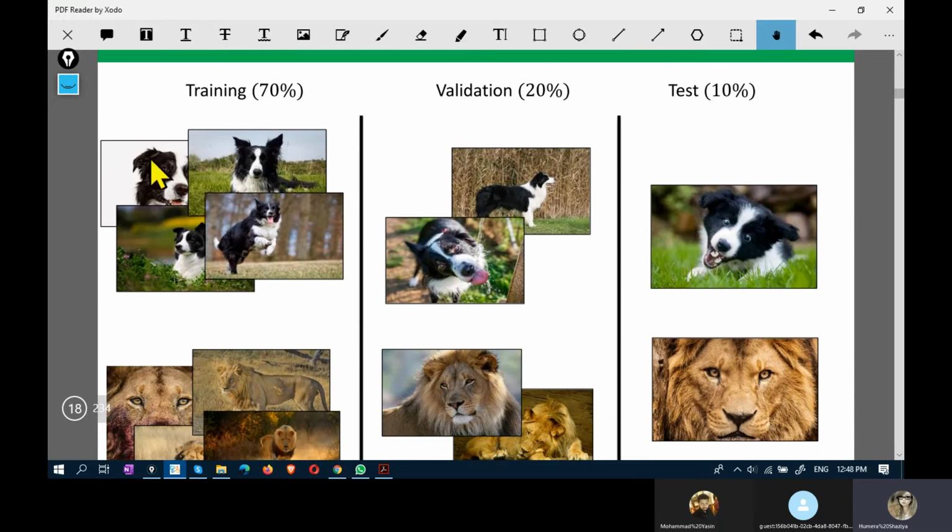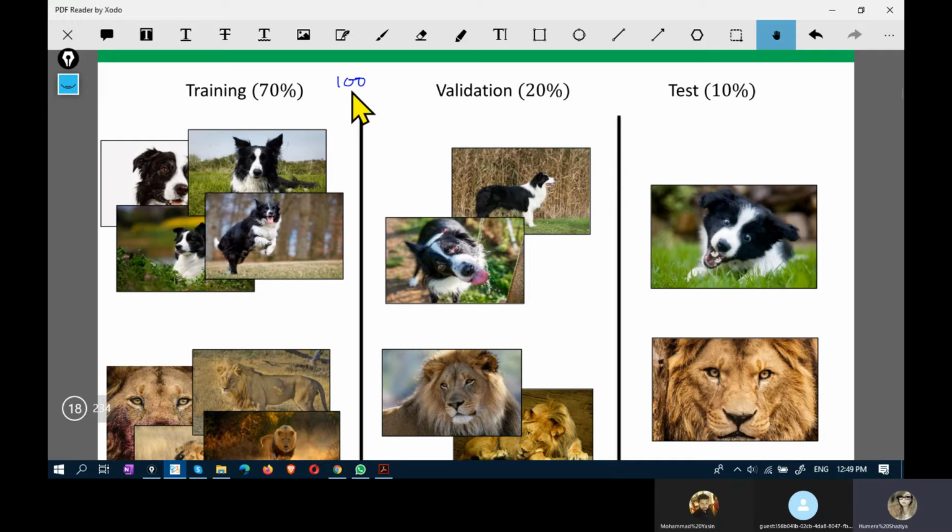This point has already been discussed, but let us discuss again. This is a data set of dogs. This is data set of lions. If the data set contains 100 images of dogs, look at here at different angles and different parts of the dogs, left side, right side, face, and tongue in, out, all these different images of dogs.